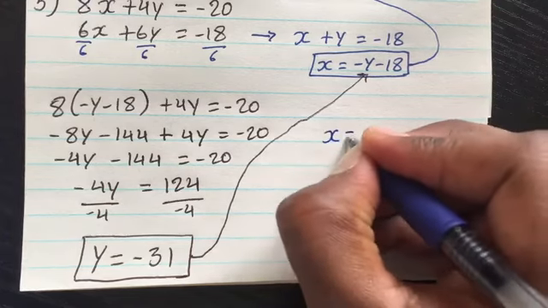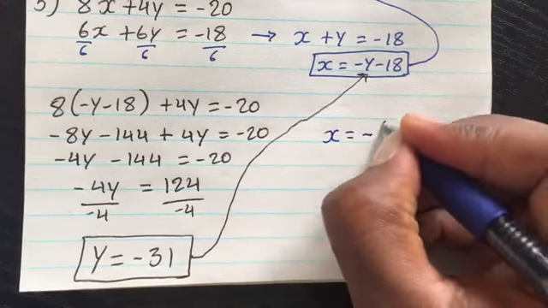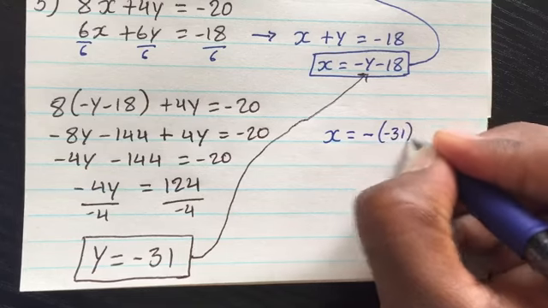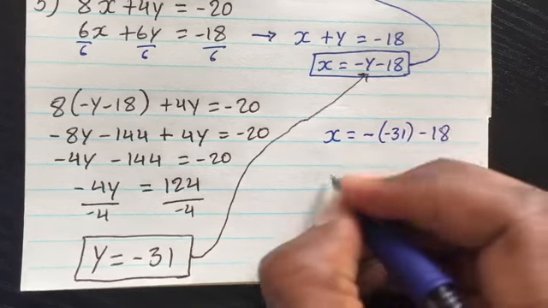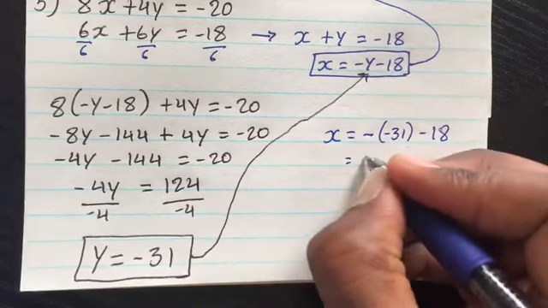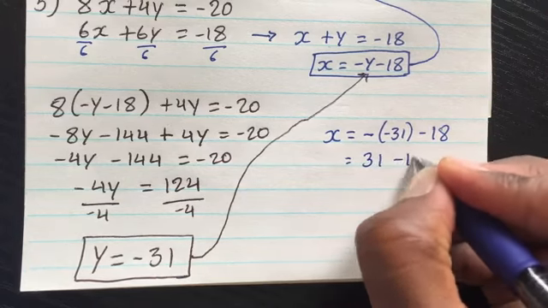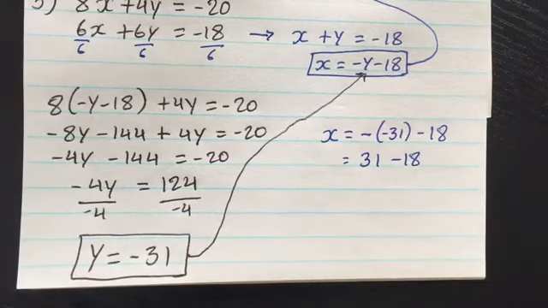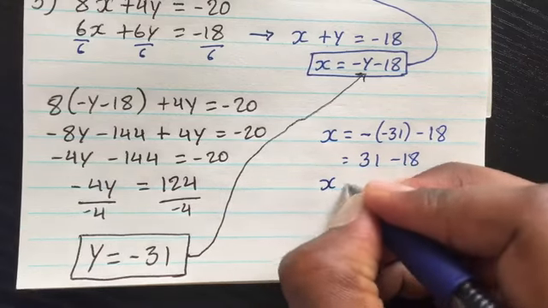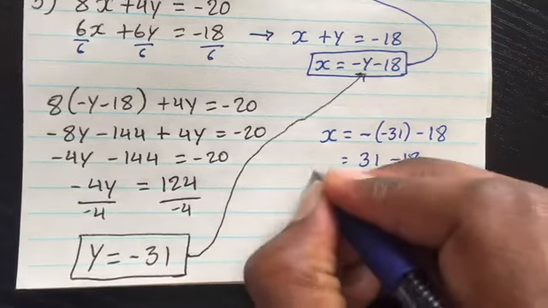So that means x equals negative of your y value minus 18. And remember, negative and negative makes positive. And 31 minus 18 is 13. So that means x equals 13.